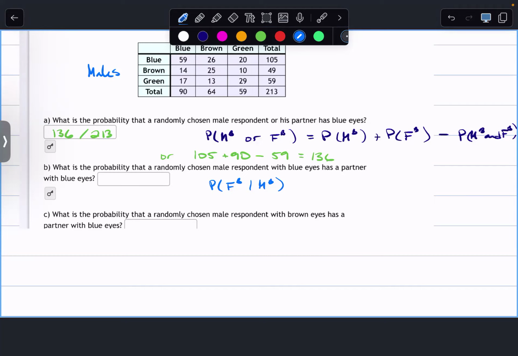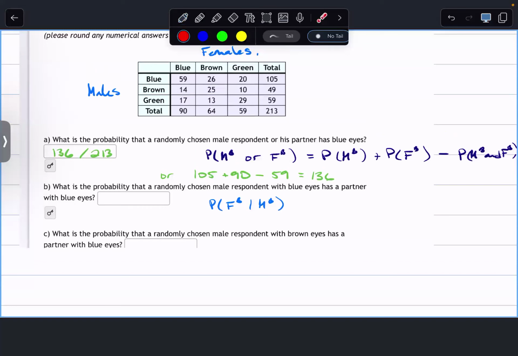Or what else could you do? Kind of make things easier on yourself. Well, now we know that the male has to have blue eyes, right? And so now the total isn't 213 anymore, because the total has changed to 105, because we know that it has to be out of these 105. How many of the females have blue eyes?